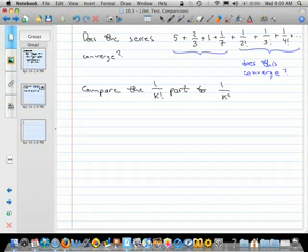I'll write out the whole thing: 5 plus 2/3 plus 1 plus 1/7 plus 1 over 2 factorial plus 1 over 3 factorial plus 1 over 4 factorial.